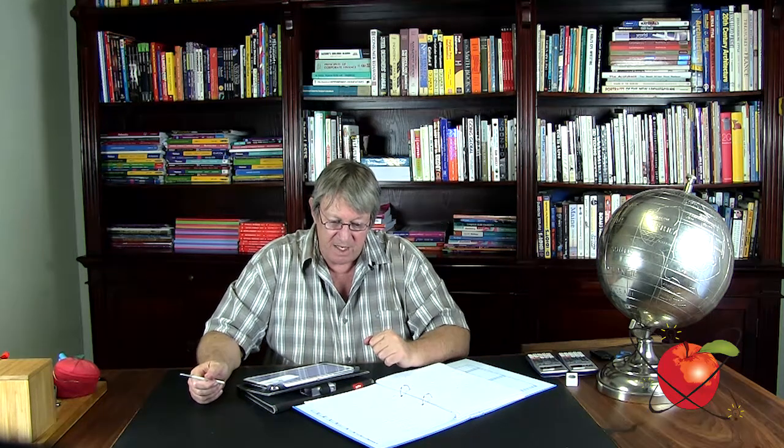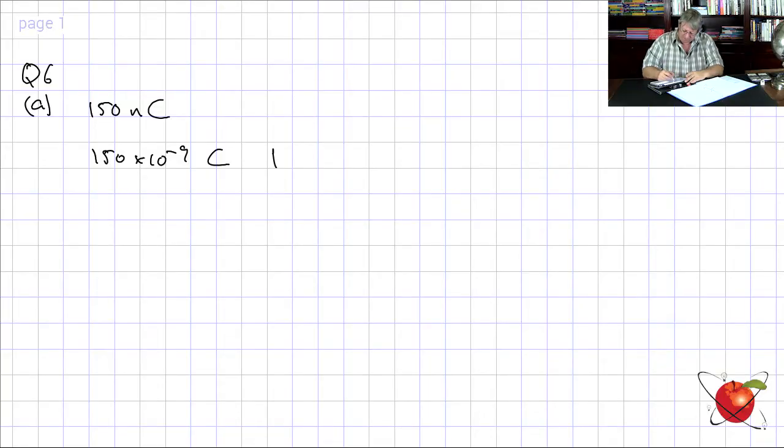So what do they actually want? They want it in coulombs. Now you're going to write it as 1.5. We've moved the decimal place, so it's going to be 1.5 times 10 to the minus 7 coulombs, because we've moved the decimal place.